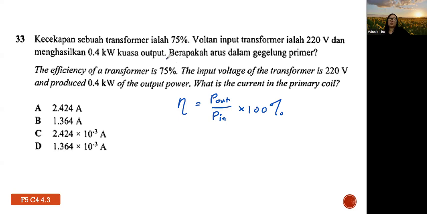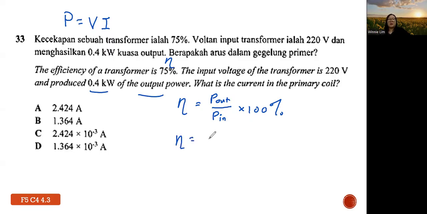So basically, you have the efficiency, 75%. Then for the idea of output and input, it depends. Sometimes we can change power to VI, or E equals VI, in physics very important. Okay, up to you, as long as you remember this idea. But this given one is output, so they already give you output, so you don't need to change to VI.